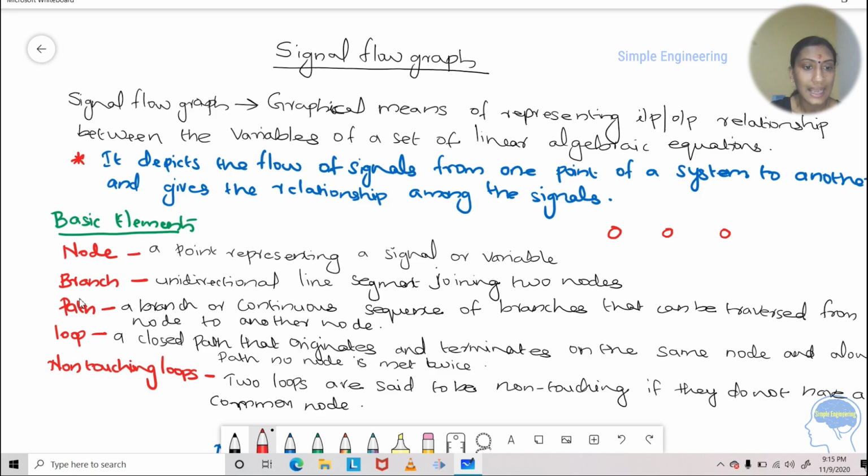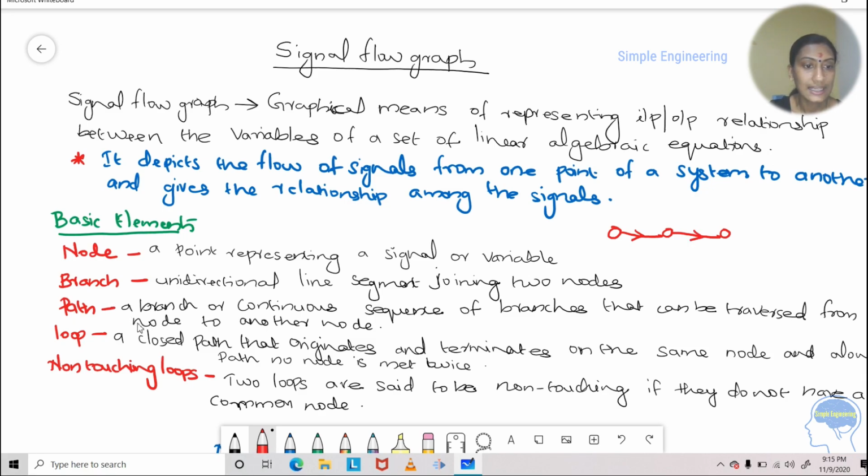Then branch means it is a unidirectional line segment joining two nodes. As I told, this is one node and this is another node. In order to join these nodes, we use a line segment and that is called a branch. So this is the branch.